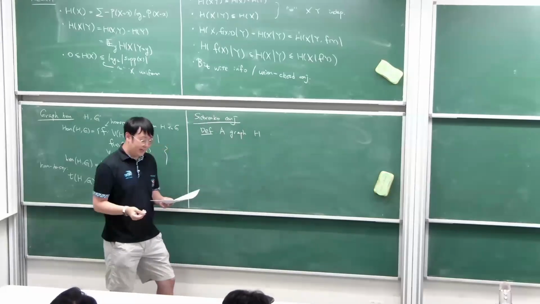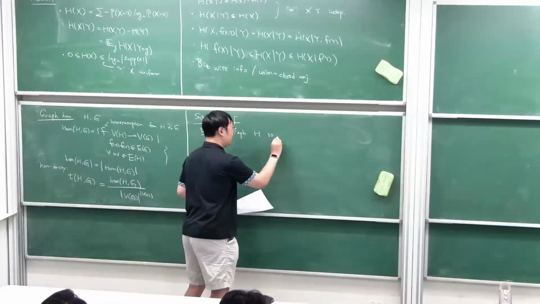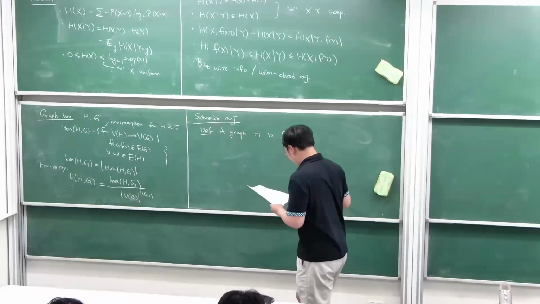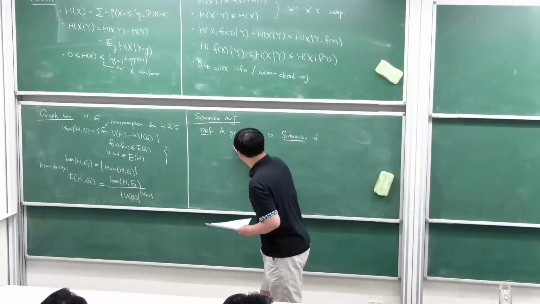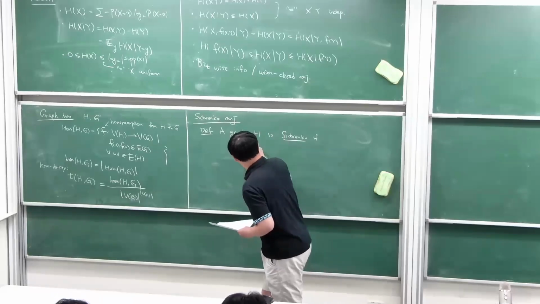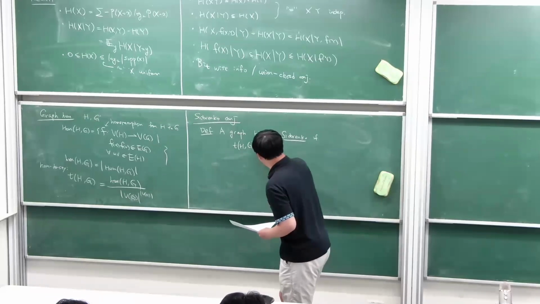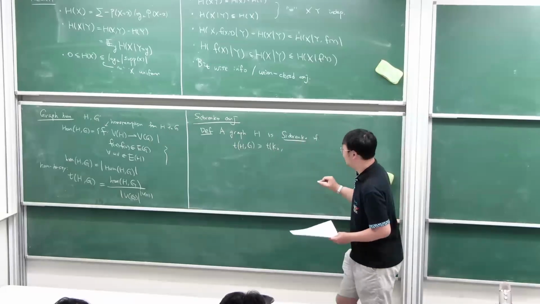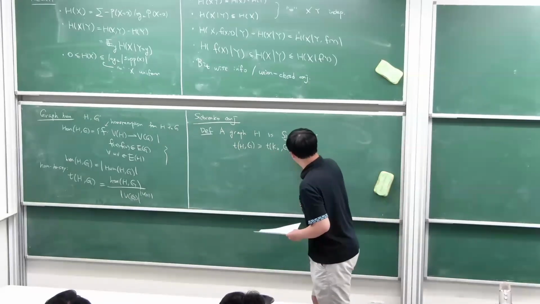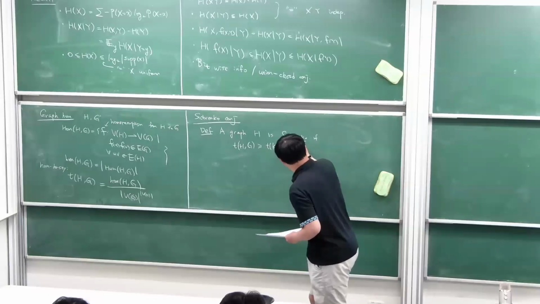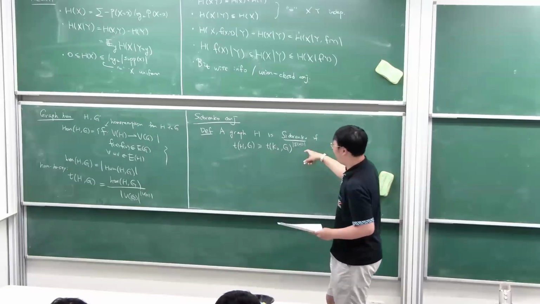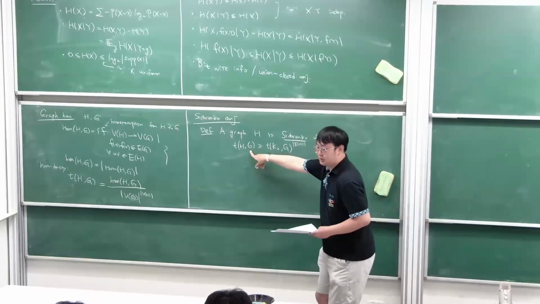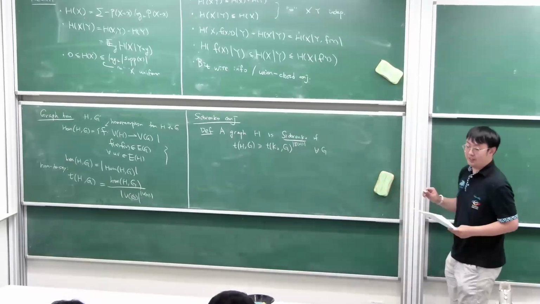So let's say a graph H is Sidorenko if the homomorphism density of H inside any graph G is always lower bounded by the homomorphism density of an edge, which is K2, inside the graph G to the power E(H). So the power is the number of edges in H.